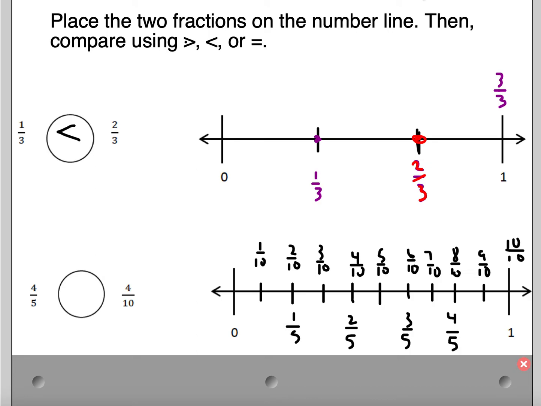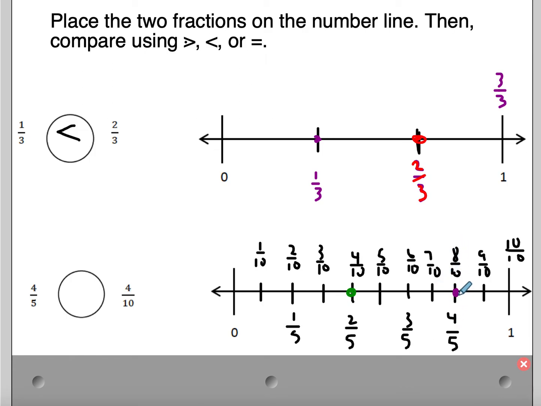So I'm going to now place these fractions on the number line. 4/5 I see is right here, and then I'm going to use another color for 4/10. 4/10 is here, which would be equivalent to 2/5, and 4/5 is equivalent to 8/10.